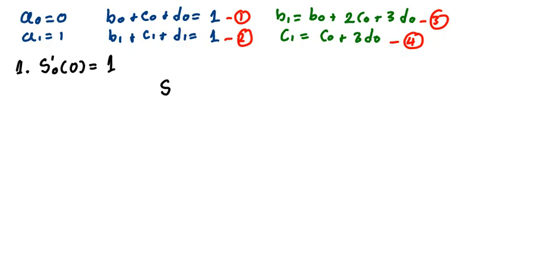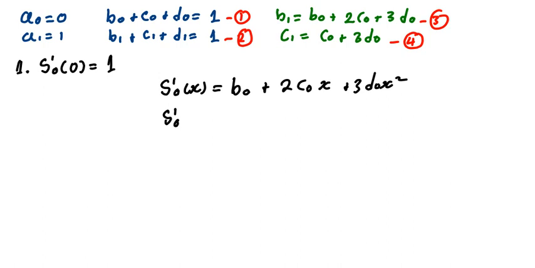So we have our s naught prime of x, and all this is coming from the previous video. So this is b naught plus 2 c naught x plus 3 d naught x squared. That's what we got after we differentiated. Now let's evaluate s naught prime of 0.